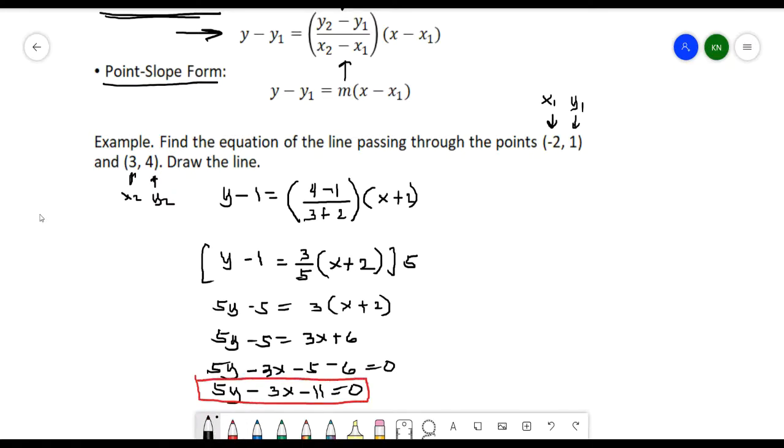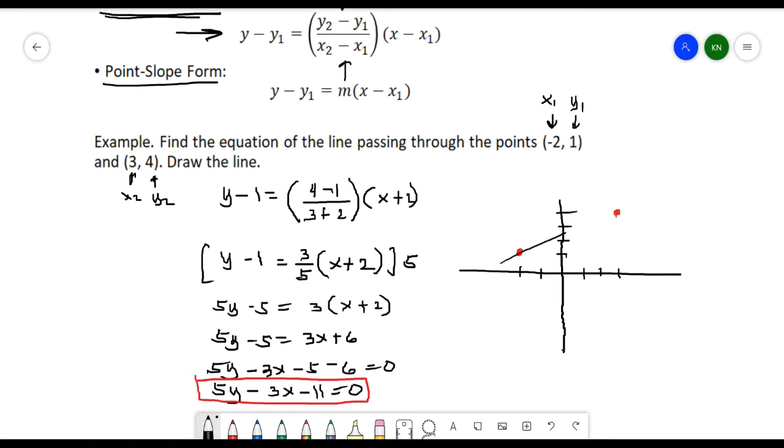Meaning to say, if we graph the points in our Cartesian plane, we have negative 2 and 1. So we have negative 2, then that's 1, so it's somewhere here. And we also have 3 and 4, which is 1, 2, 3, then 1, 2, 3, 4. So that is somewhere here.